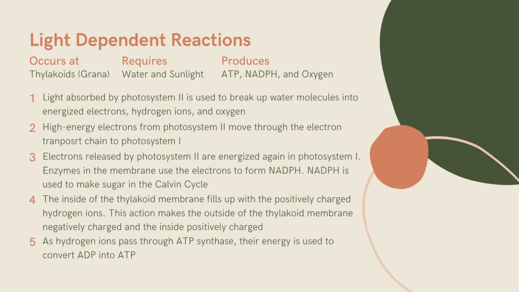How does it convert ADP into ATP? ADP will receive a phosphate group to produce ATP as it allows hydrogen ions to pass through.